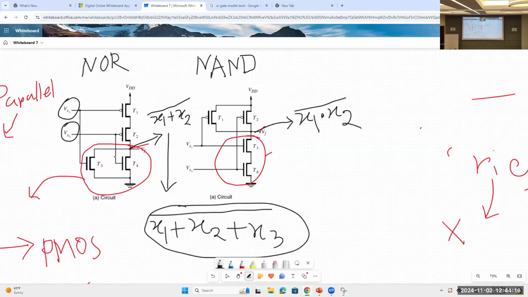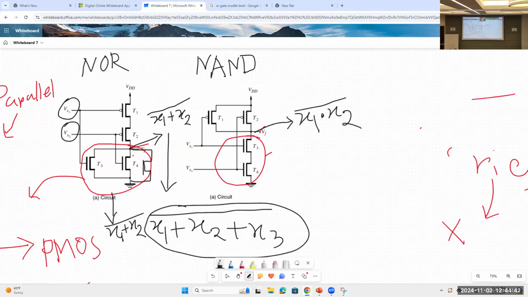Here we have (x1 + x2) bar, with 2 inputs. To handle 3 inputs, we will need 3 NMOSes, all connected in parallel. Exactly, so we just connect another transistor here in the same way.